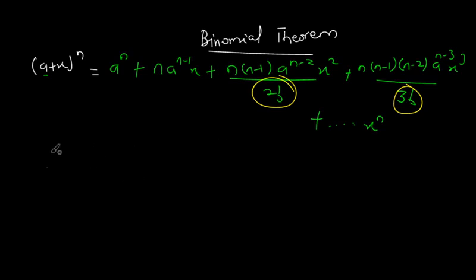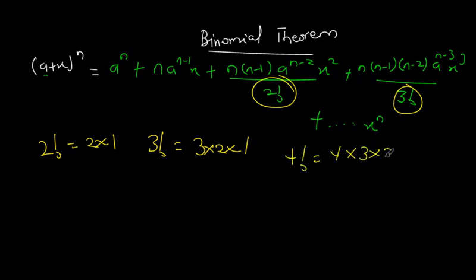Factorial is very simple. 2 factorial means 2 times 1. 3 factorial is 3 times 2 times 1. 4 factorial is 4 times 3 times 2 times 1. 5 factorial is 5 times 4 times 3 times 2 times 1. This is what we mean by factorial.